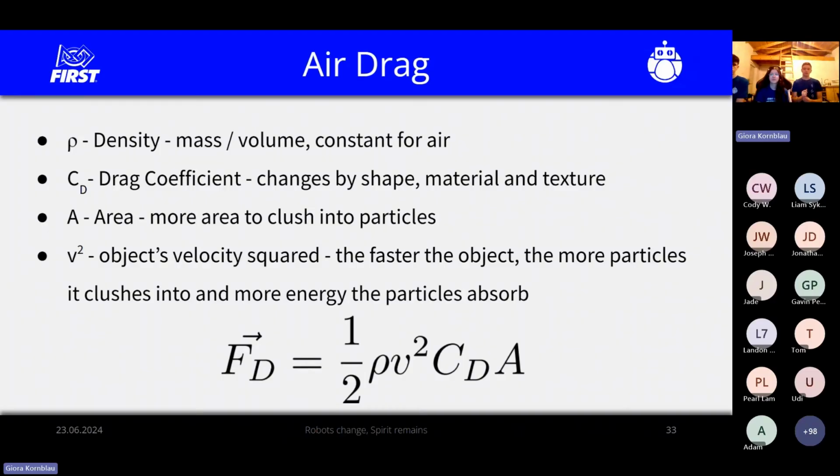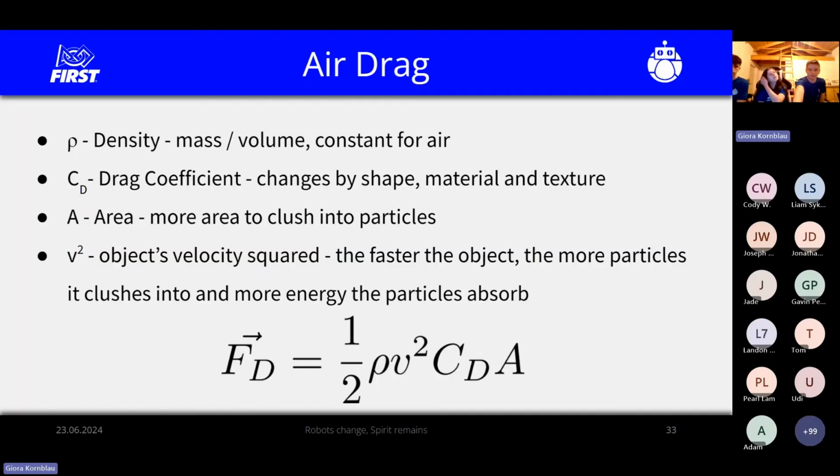In that season, the game piece was very much like a tennis ball, so we could use basically the same equations without much change to the coefficients. As you can see, the formula is the drag force equals half the air density times the velocity of the ball squared times the drag coefficient times the surface area of the ball.